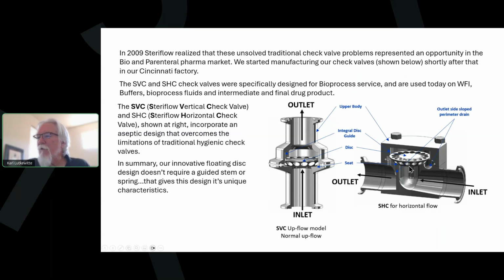Flow comes under the disc. When the pressure under that disc exceeds the weight of the disc, plus any back pressure, of course, the disc guides open, slides up to the top, and you get flow around the disc and through the holes. This design eliminates all crevices, has minuscule cracking pressure, as you can imagine, and enables complete high velocity and turbulent CIP and full contact SIP.